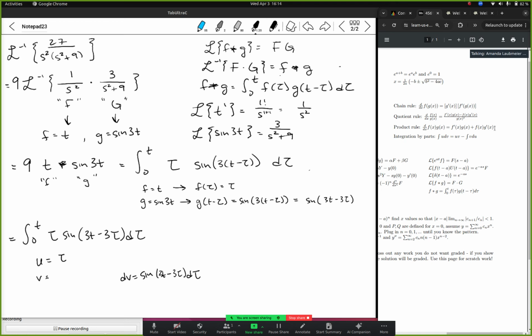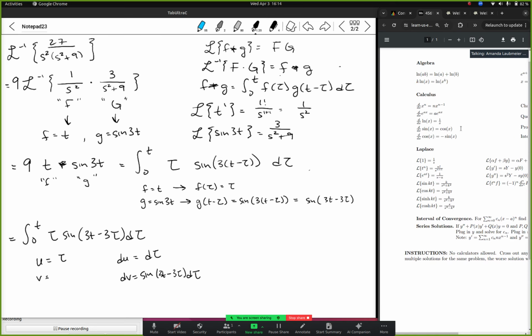And my v is going to be the integral of that. My du is a little bit easier. It's just going to be d tau now. I just need to make sure I don't misplace any constants.